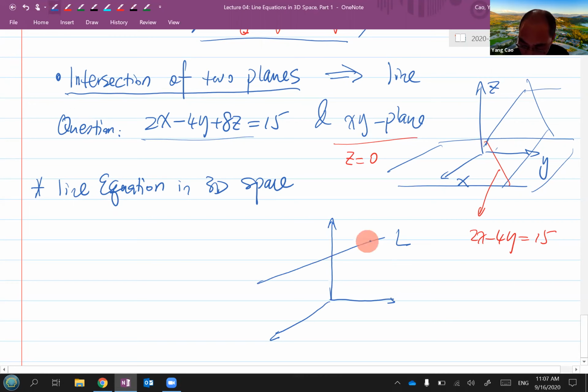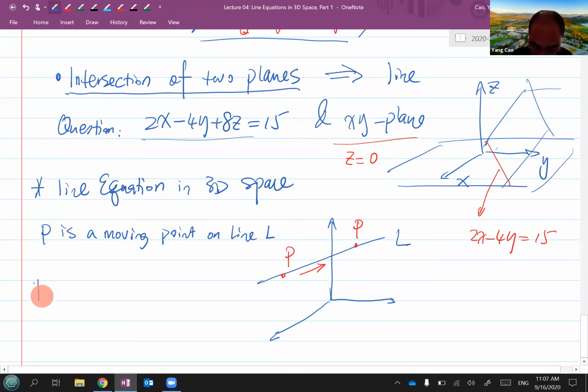Suppose that I have a point P on the line, and let's say P is a moving point on line L. Because P is a moving point, the coordinates of P can be written as X, Y, Z. I purposely left a little bit of space here, because a moving point basically means as time changes, the coordinates X, Y, Z will change.